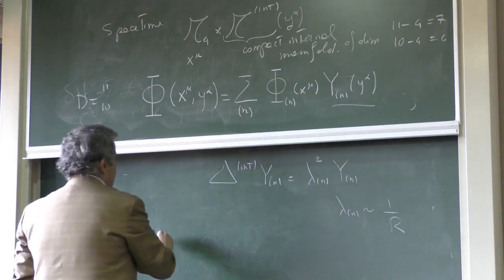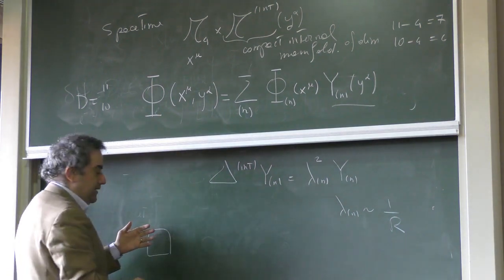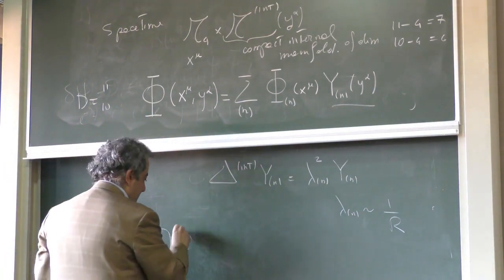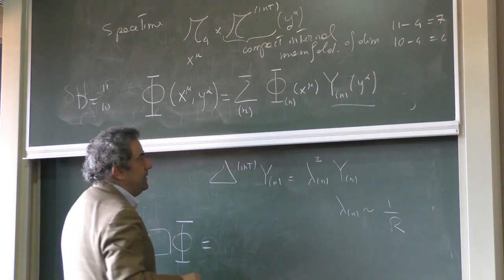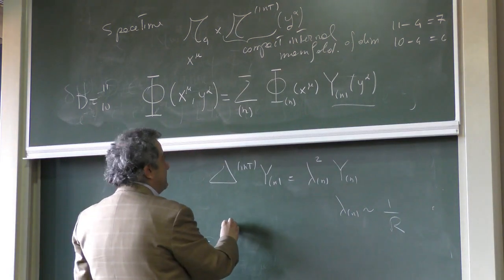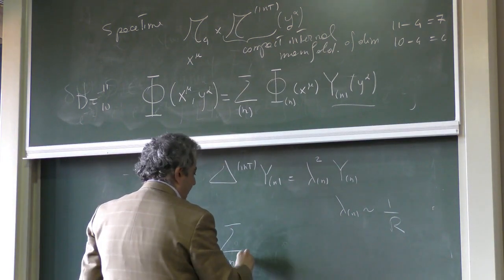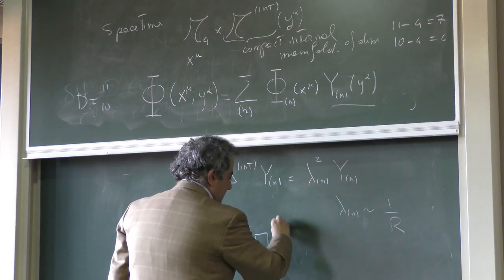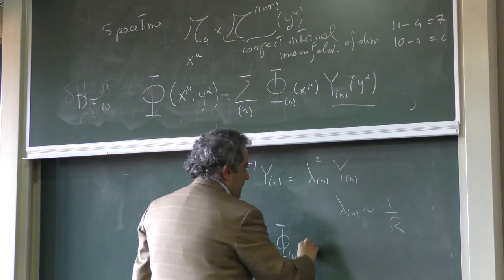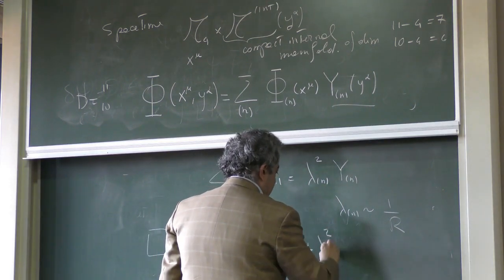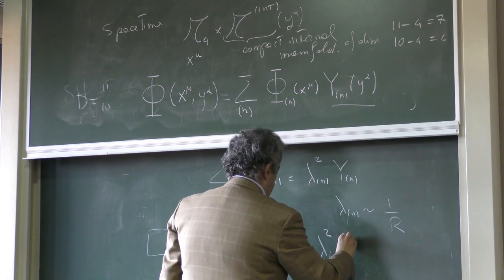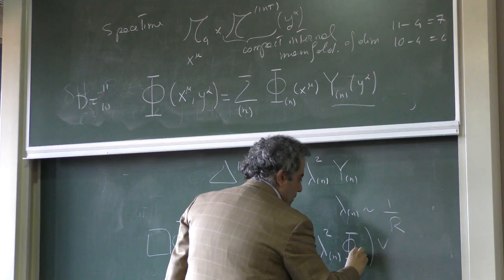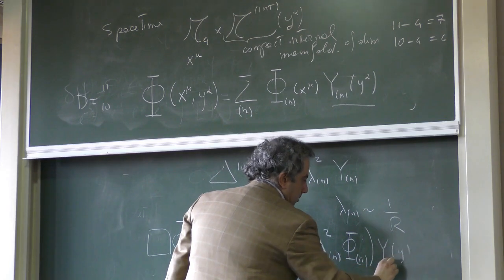And if you apply your 10 or 11 dimensional Laplace operator to phi, what you end up with is the four-dimensional operator on phi n, plus lambda squared n phi n, times y n.